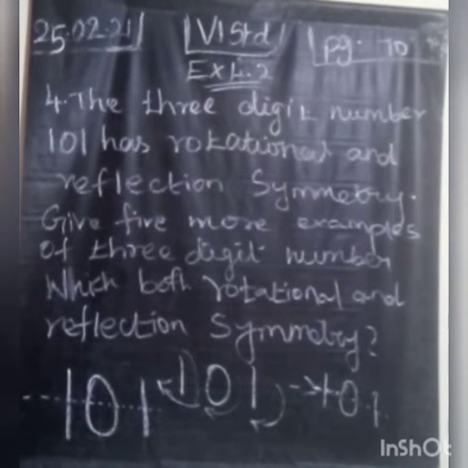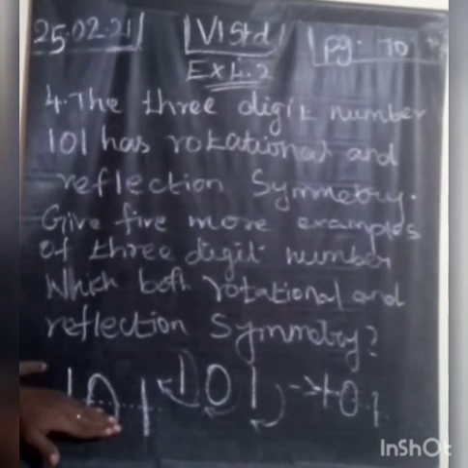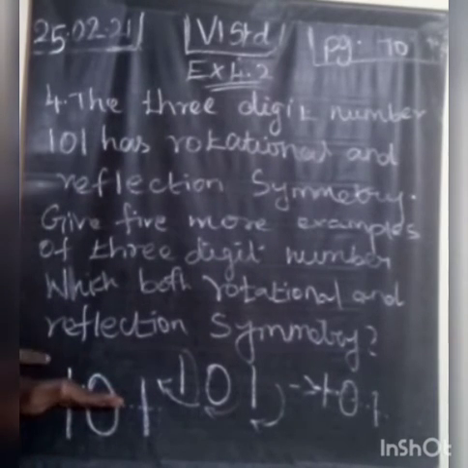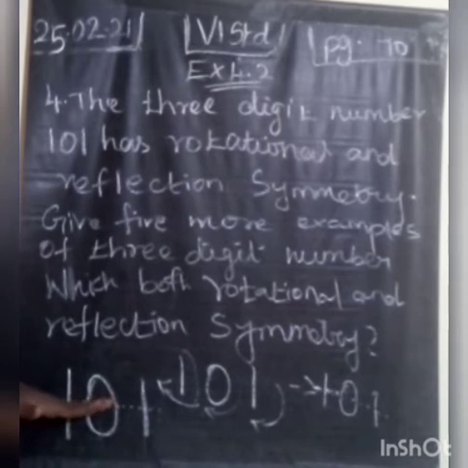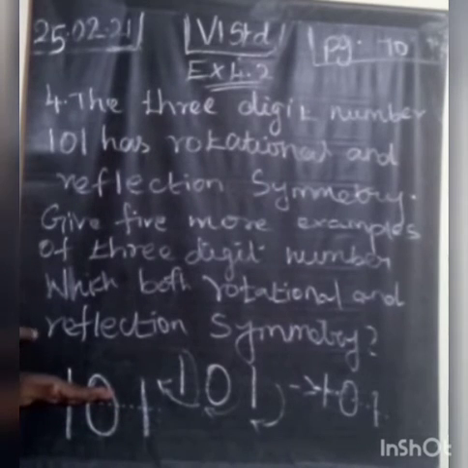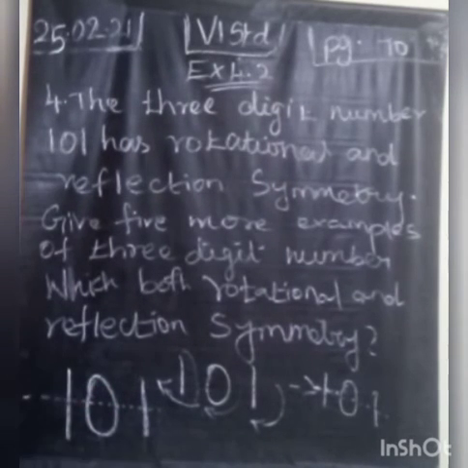Imagine the mirror is here, the other half of the figure gets reflected by the mirror, and it looks the same. This is known as reflection symmetry. So 101 has both rotation and reflection symmetry.